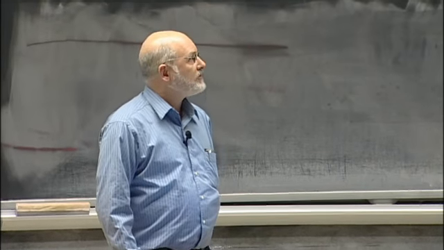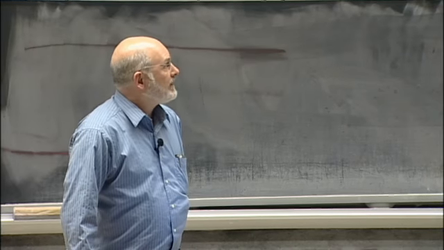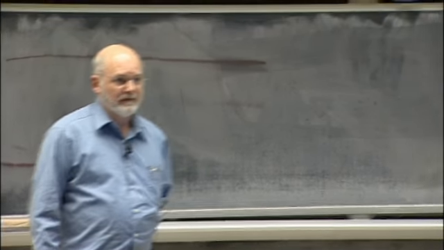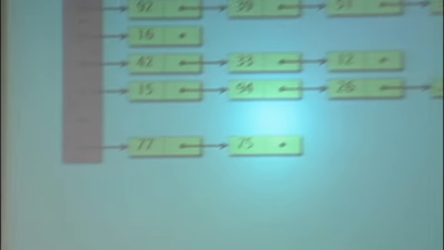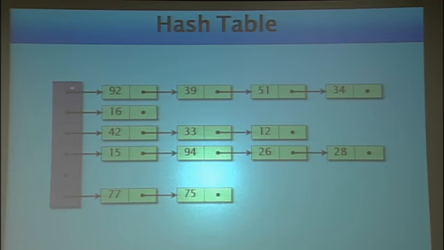So we'll start out with mutual exclusion. Suppose that I'm implementing a hash table as a set of bins, and I'm resolving collisions with chaining. Here, each slot of my hash table has a chain of all the values that resolve to that slot.